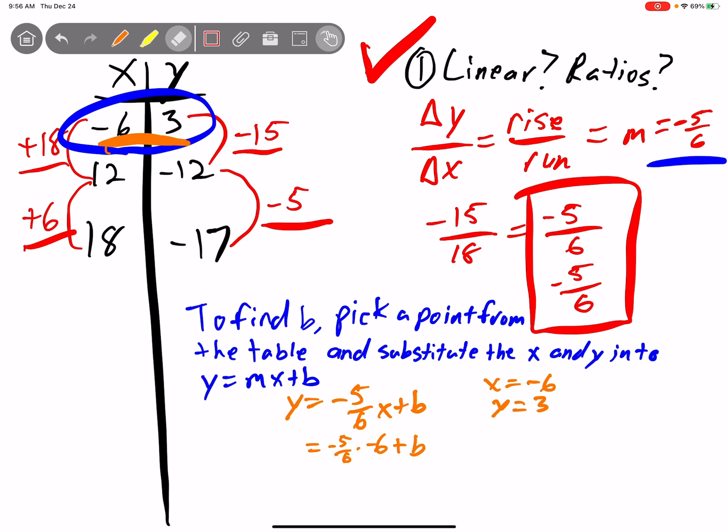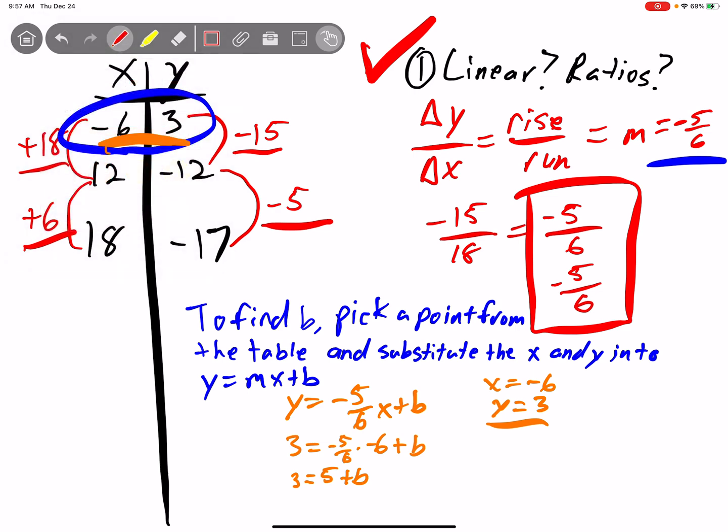And I forgot that y is 3. Okay, remember y is 3, just like we said here. So I substituted y as 3, and I substituted x as negative 6, and now I'm going to solve this. The 3 stays the same. Negative 5/6 times negative 6 gives me 30 over 6, which is just 5, plus b.